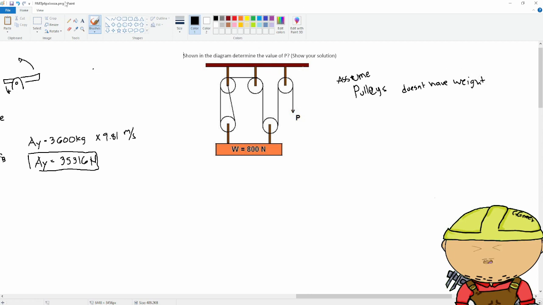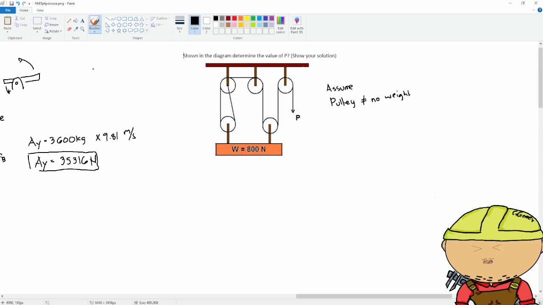My writing is very bad. Okay, assume pulleys have no weight.